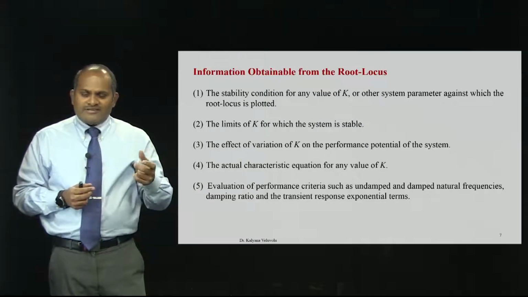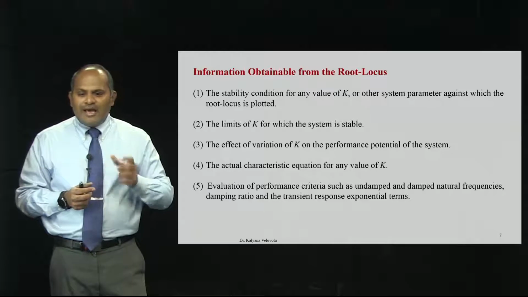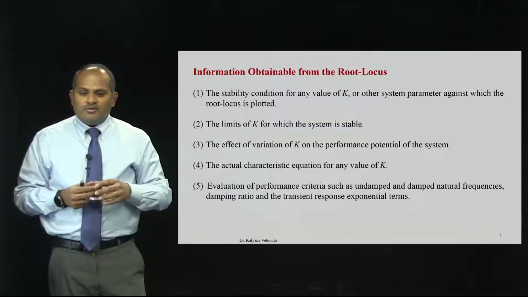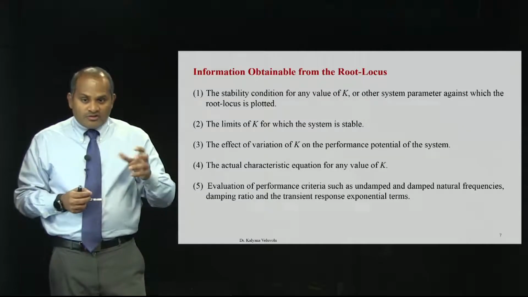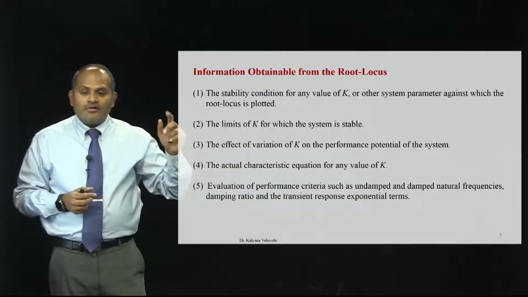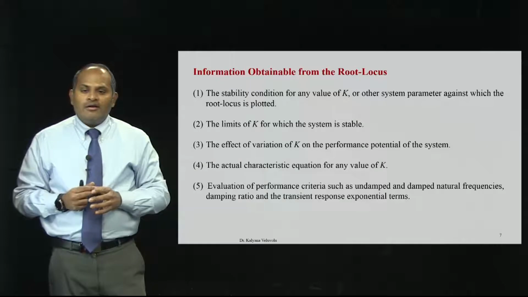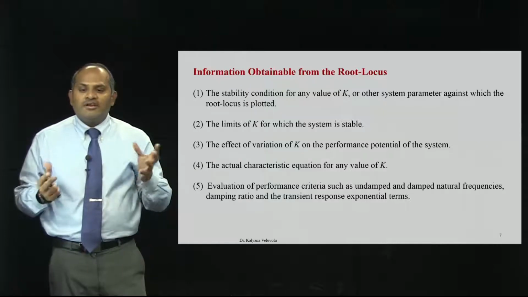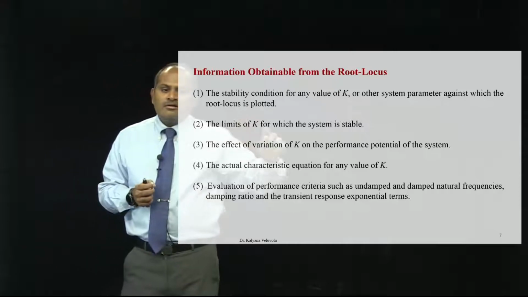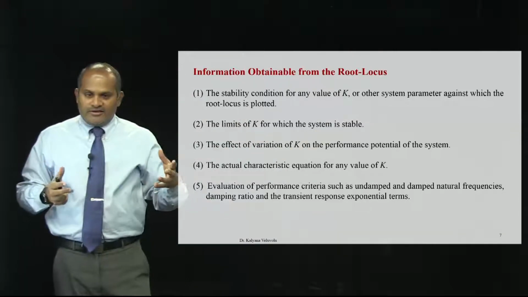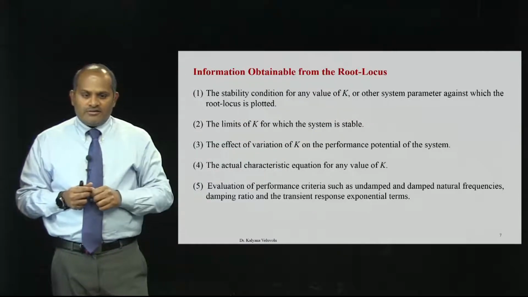The parameters can be design parameters, can be amplifier gain or something. So when you develop a real system, we have several parameters. We can choose each parameter and then draw the root locus to find how the stability varies and how the properties vary. Second, we can know the limits for the gain k from the RH criterion.